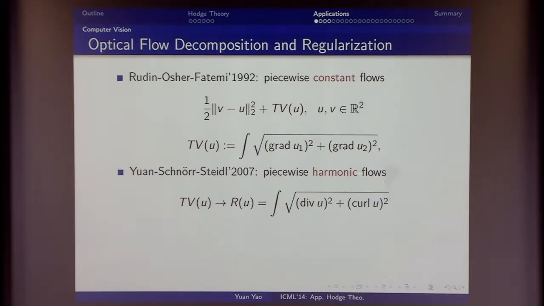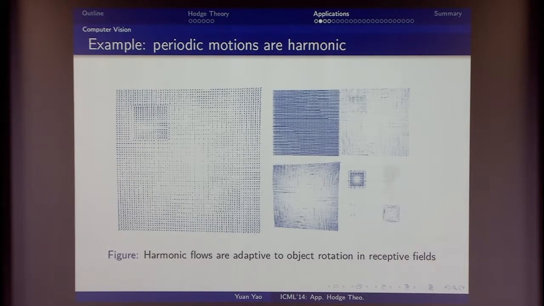However, if the original image comes from videos or image sequences, there are often some objects in the videos, and the objects may undergo certain movement. In that case, a piecewise constant flow may not be a good regularization to preserve the objects and the edges associated with them. So recently, people suggested using a piecewise harmonic flow to approximate the original one, and this becomes useful to study the optical flow problem in video processing.